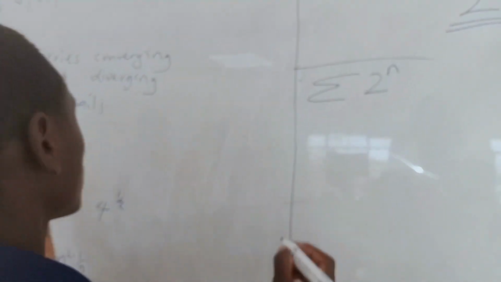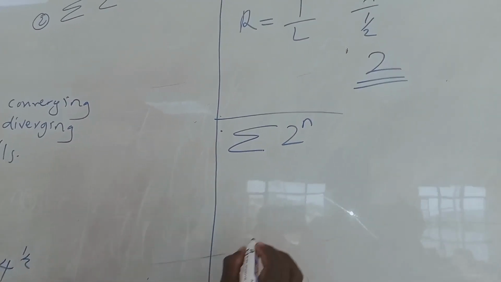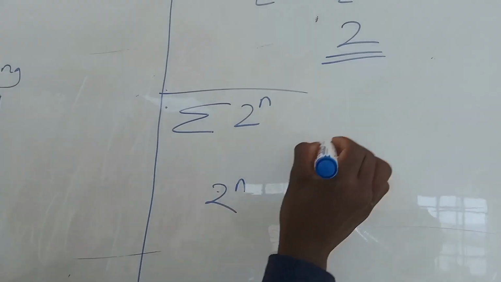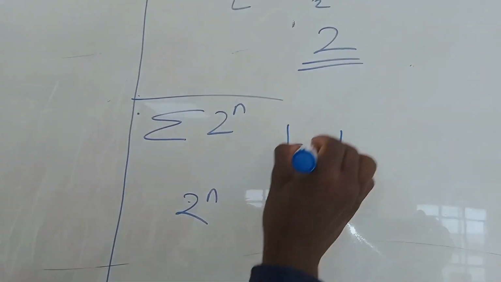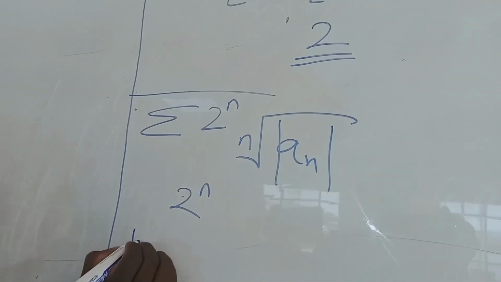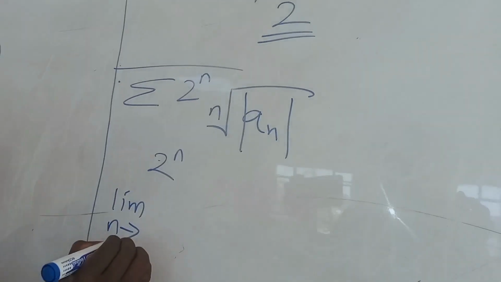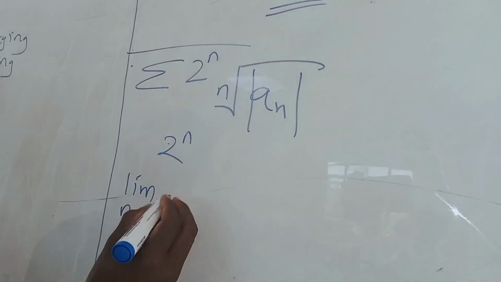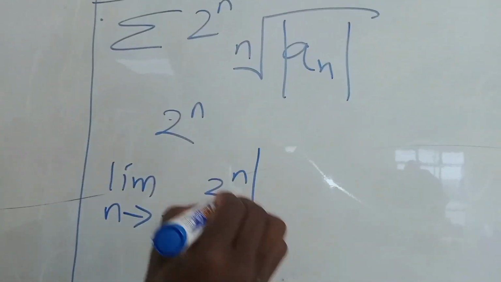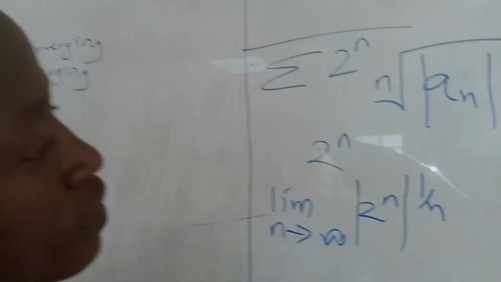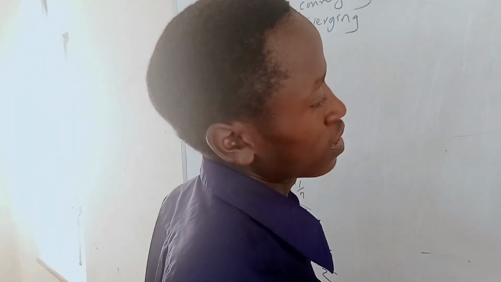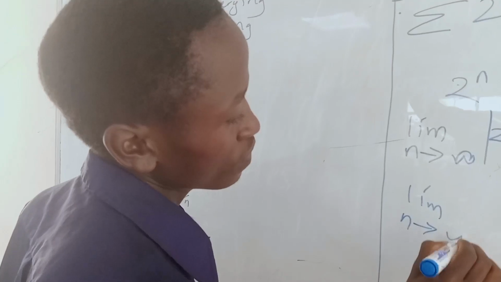We take the nth root of the given series, and the best thing you can do is write it like this: the limit as n approaches infinity of the absolute value of our given series, 2 power n. Then instead of taking the root, you just multiply by the power of 1 over n.